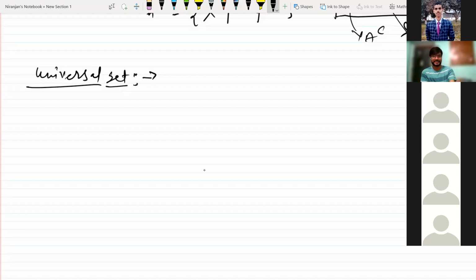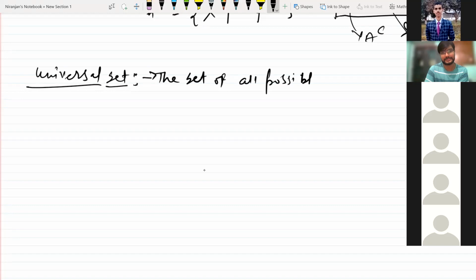His name was Gottlieb Frege, and he said it is the set of all possible things, and this is really important, under the type of consideration.